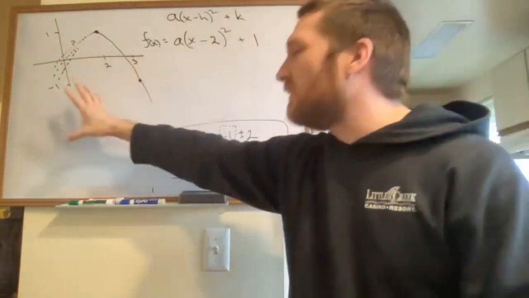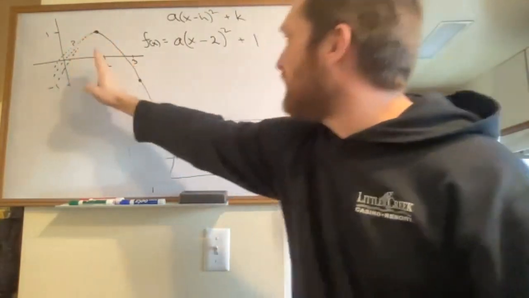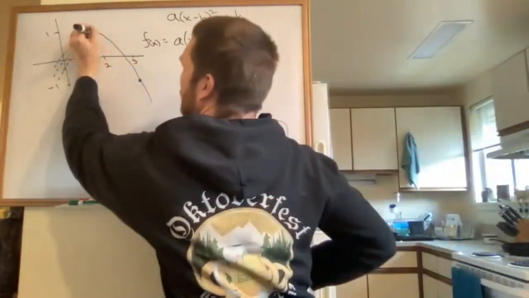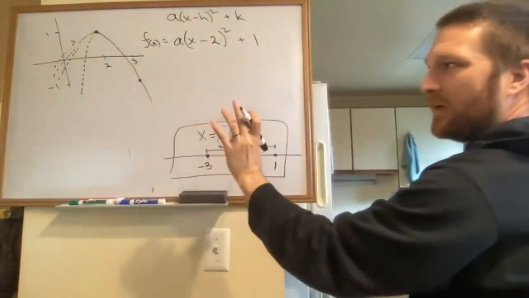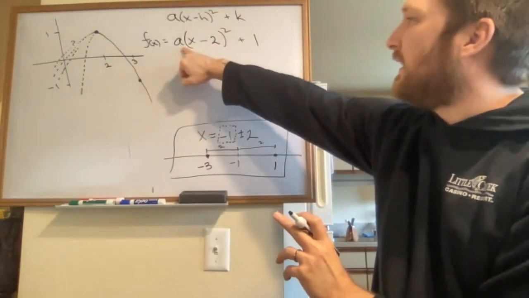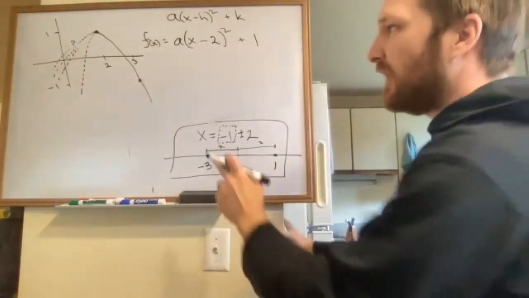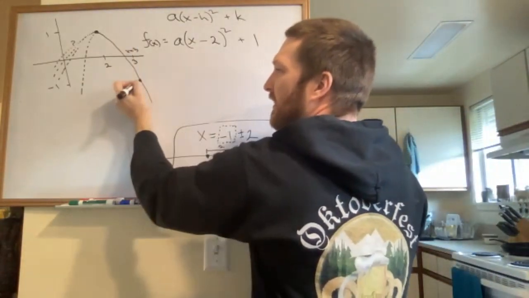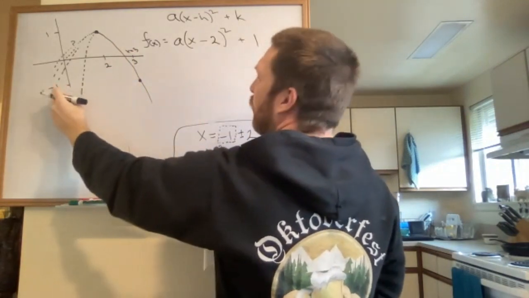We could argue by symmetry and say, if it comes over this much, it's got to go over the same, so it needs to look more like that. But that's not really the point. We have enough information to solve for A, because if I plug in a 3, this tells me that when my x equals 3, my y, or my output, is equal to -1.